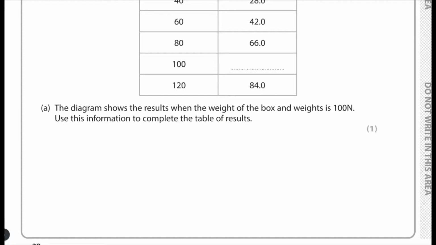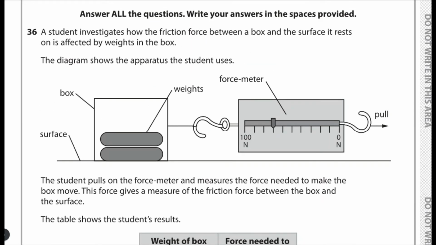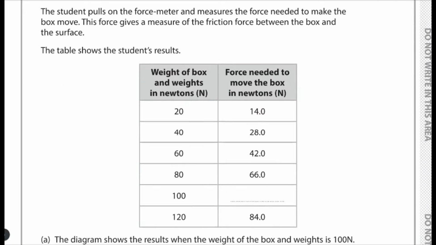Use this information to complete the table of results. So we can look at the reading over here. It's in between 0 and 100. The force meter is at 70. It's at exactly 70.